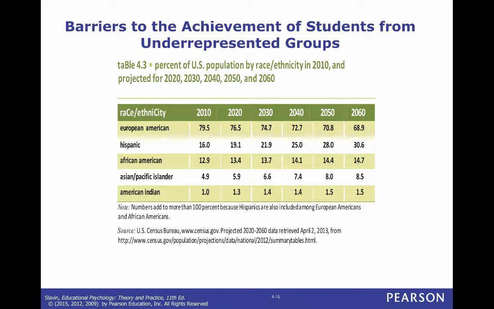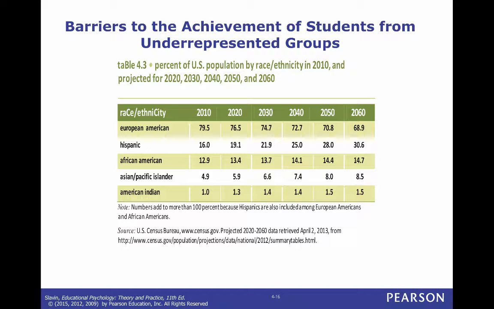So when we look at the table on 4.3, right now in 2010, European Americans made up 79.5% of the population. Hispanics were 16%, and African Americans were 12.9%, almost 13%. Asian Pacific Islanders were 5% and American Indians were 1%.